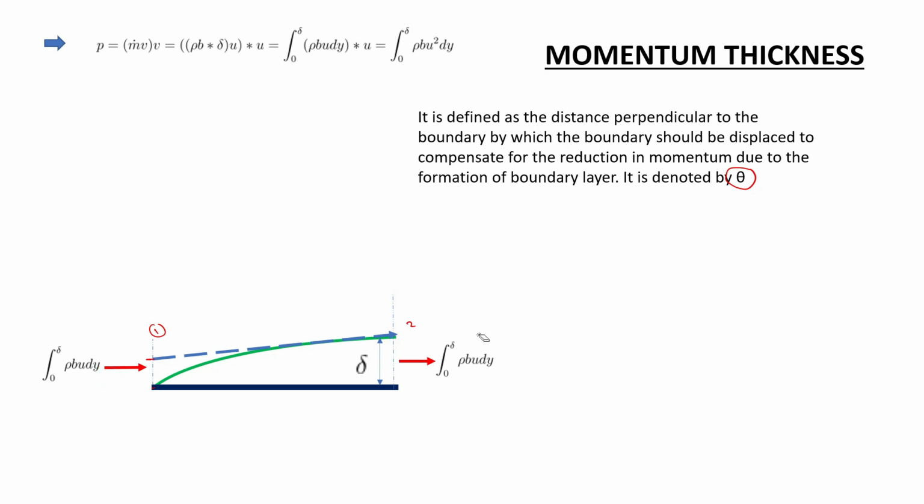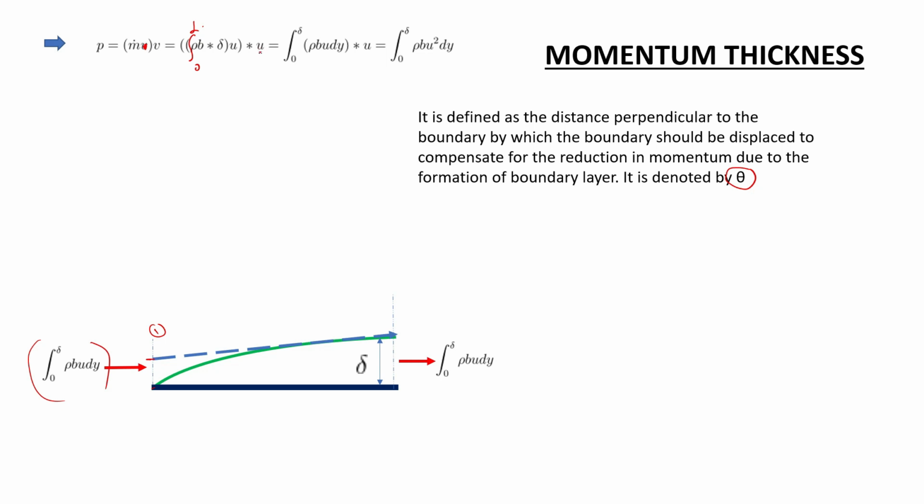Now let us try to calculate the momentum of this mass flow rate. P is equal to m dot into V, that is mass flow rate into velocity, and this mass flow rate is equal to rho b u dy integral 0 to delta.